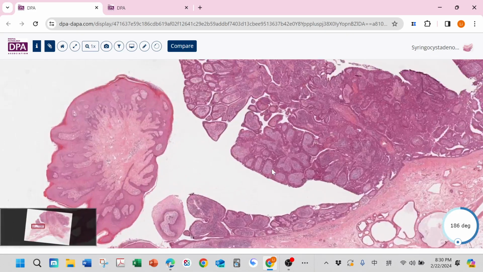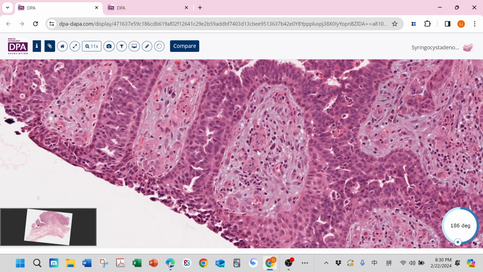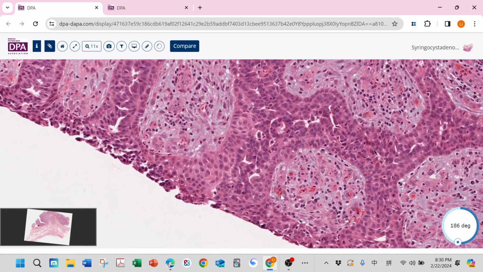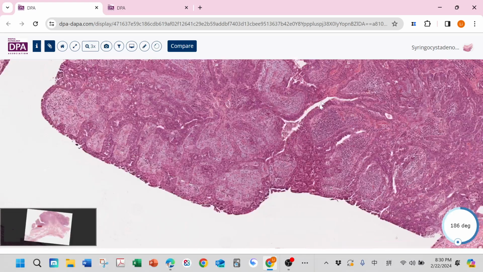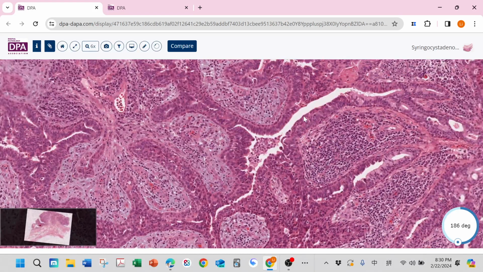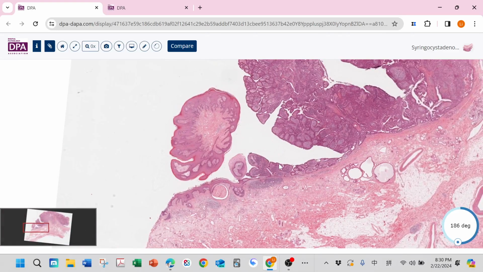Then try to find our plasma cells, tons of them. Then the two-cell layer, epithelial and myoepithelial layer, just forming this structure. So that is another good example. When you see this nice plasma cell, you can make the diagnosis of Syringocystadenoma Papilliferum.